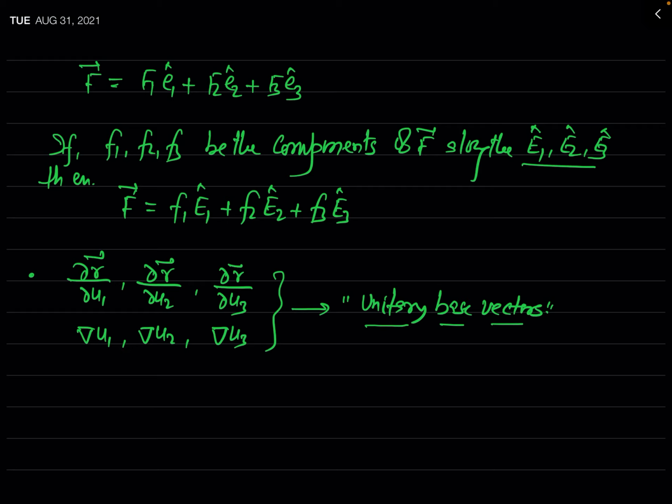Particularly when you study the linear vector space in quantum mechanics, you see that there is a tradition to express a vector in terms of unitary base vectors, not in terms of unit vectors. So this idea is most useful when we discuss the linear vector space, particularly in quantum mechanics.